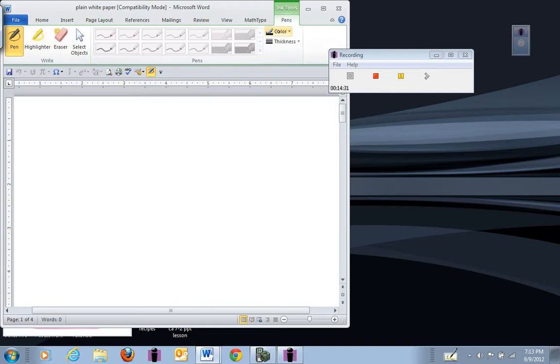Okay, I'm going to call this note card 2.3, and it's going to be linear regression, also known as the line of best fit.